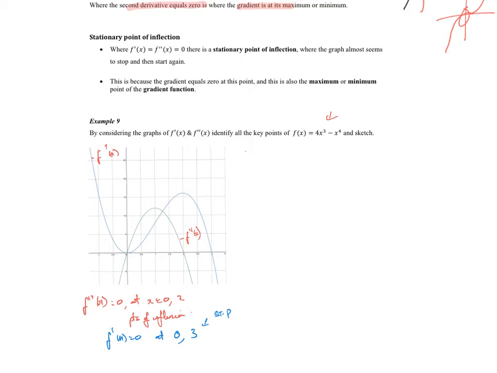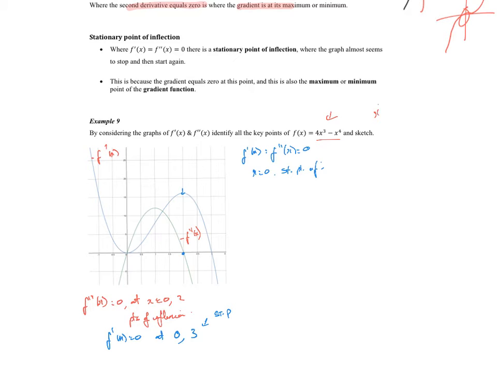Now we know f double dashed of x is equal to f dash of x equal to 0 at x equal to 0. So that makes x equal to 0 a stationary point of inflection. And at x equal to 2, this point here, just a normal point of inflection.